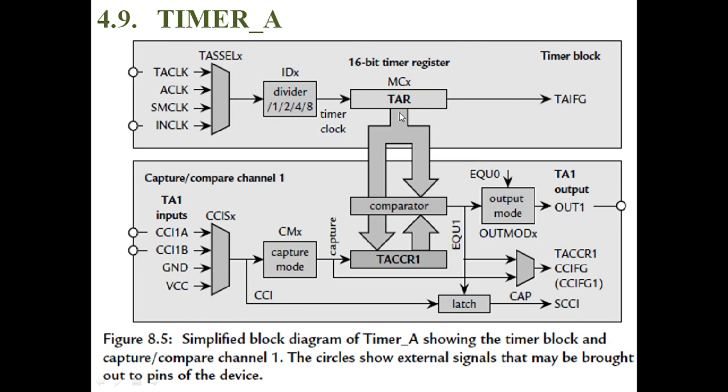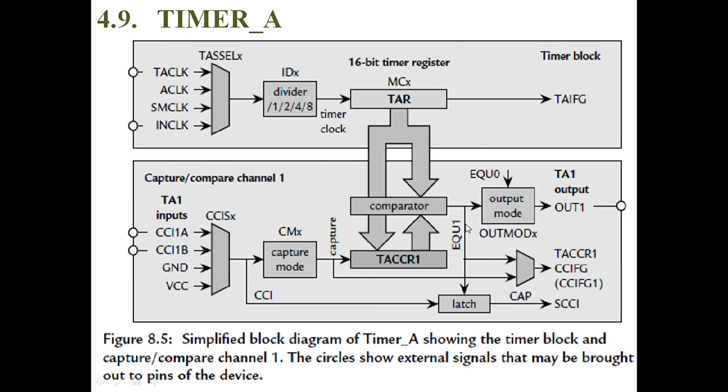So the timer A interrupt flag value is 0, and again based on the operating mode, that means stop mode, if you want to stop the timer, its value is 0 0. If you want to operate in up mode, that means 0 to the desired value, you can load the desired value here, and we can compare, and we can operate up mode or down mode or up and down mode.